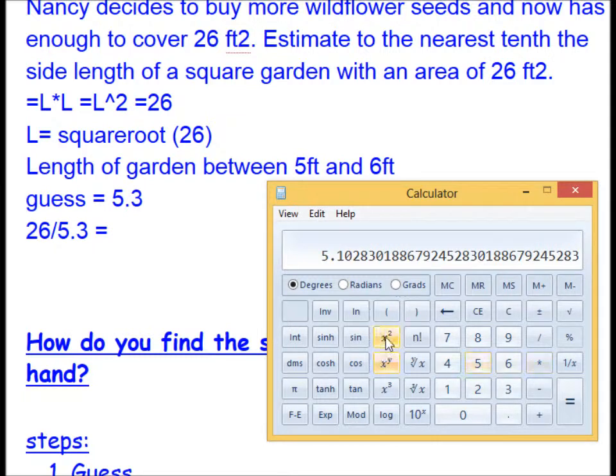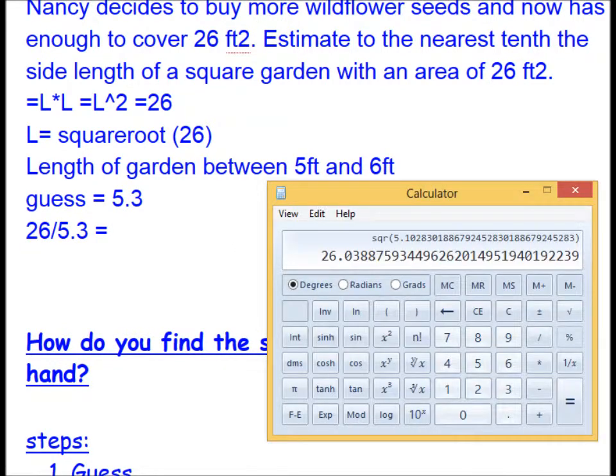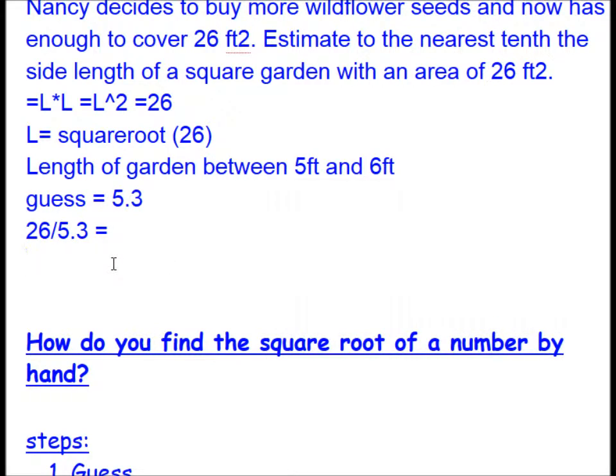Then let's square this number, which is very close to 26. So the answer we will get for this question is that the length of the garden will be 5.102 feet. So this will be the answer.